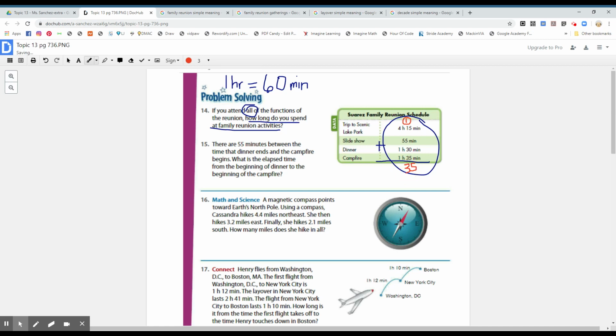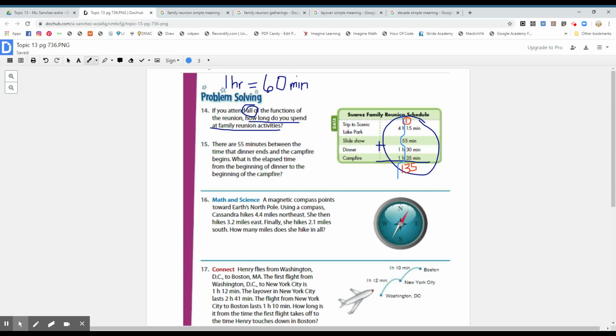Okay, I'm going to write all those minutes there. I did not regroup the 1, boys and girls. Why? Because we need to separate the hours from the minutes. We need to keep that separate.